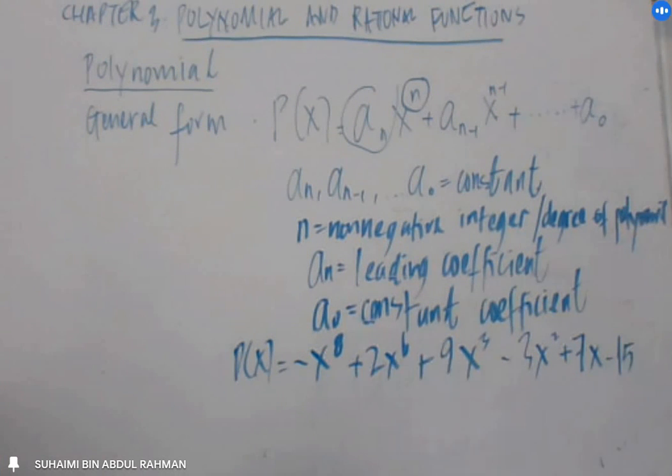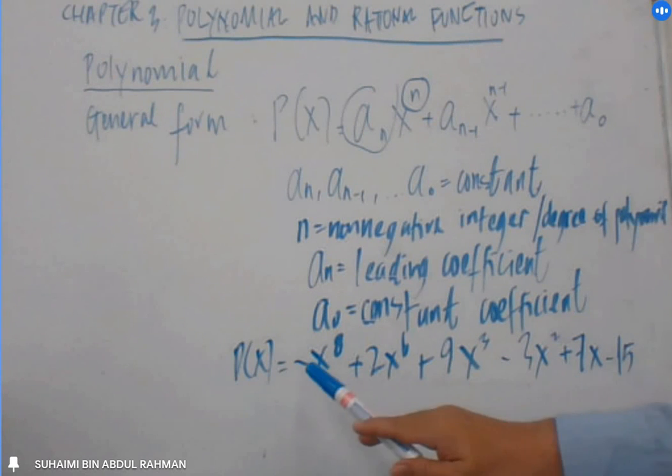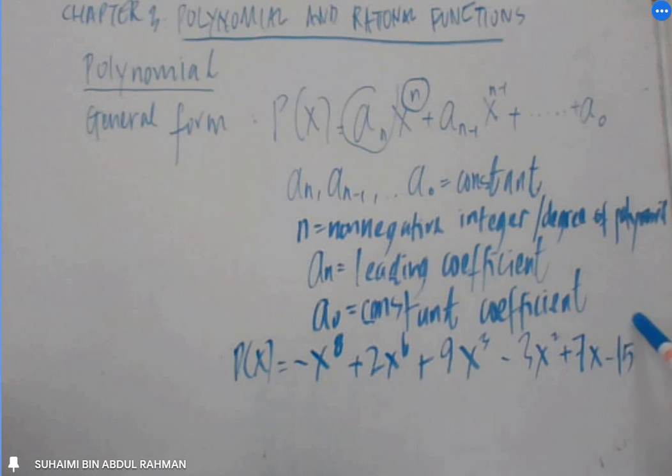The degree is 8. The leading coefficient is minus 1, and minus 15 becomes our constant coefficient. This is the general form for polynomial.